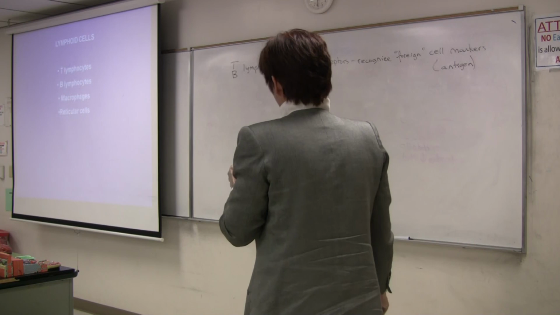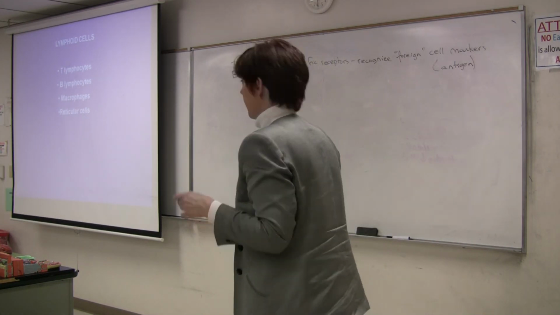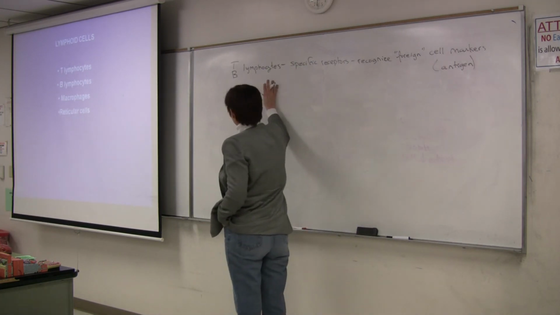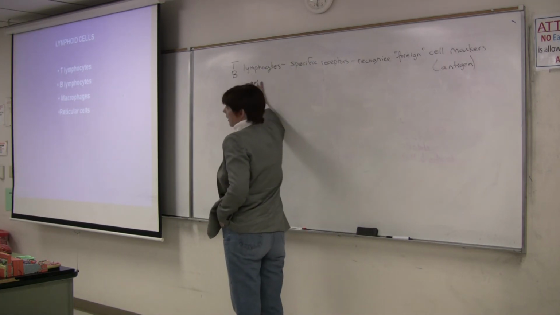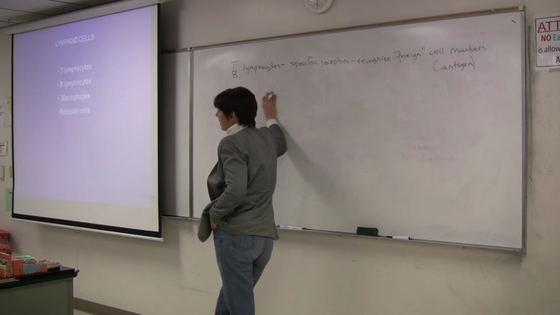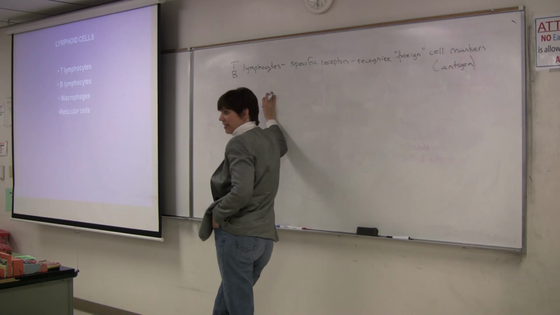Now, the process by which they recognize these is a little bit different. And we'll talk about T cells on Tuesday next week. We talked about B cells a little bit already because we talked about how antibodies are produced. But in either case, this is activated through the presentation of antigens.